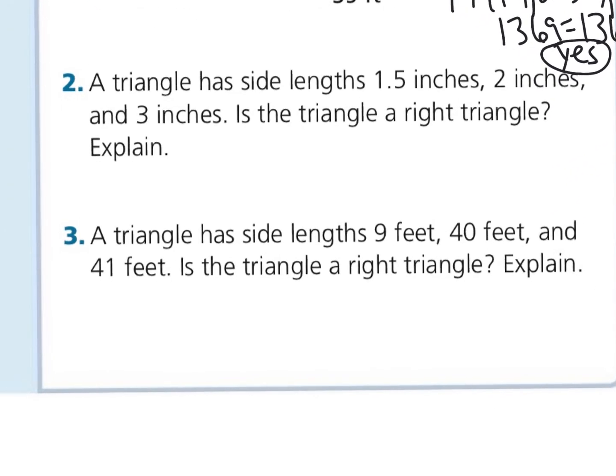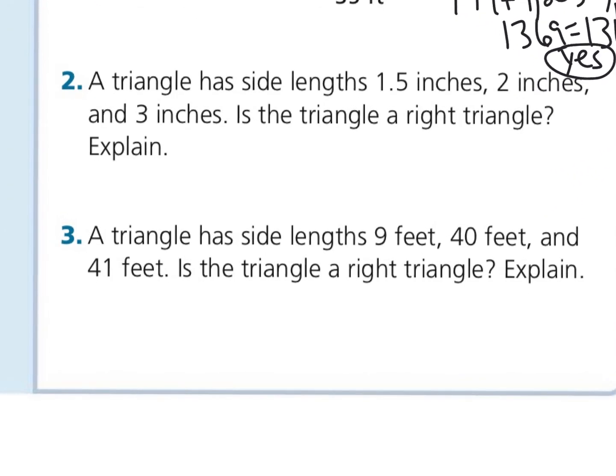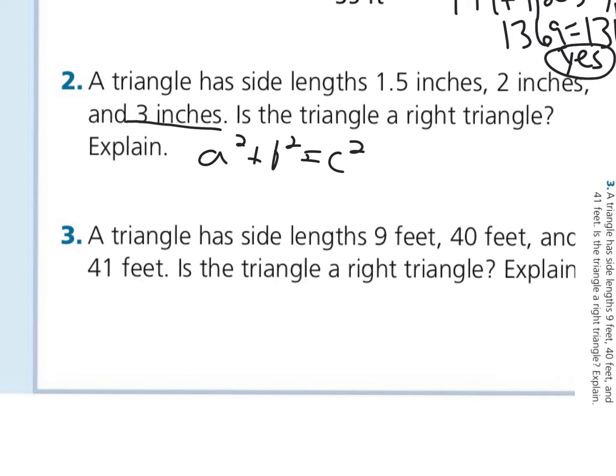Number 2, same idea. Looking at the numbers, 3 is the biggest one, so even though they didn't draw a picture, we know that that's going to be the longest side on this triangle.